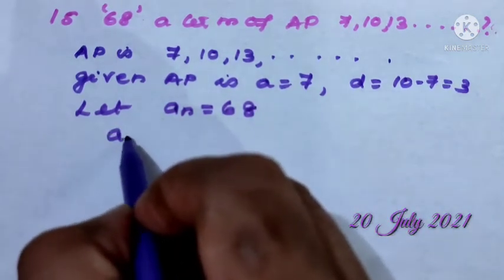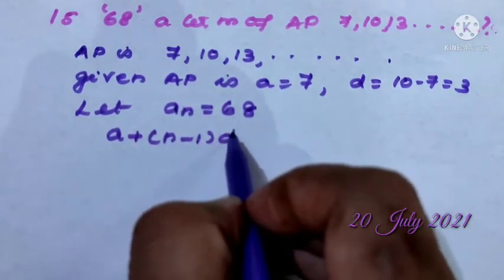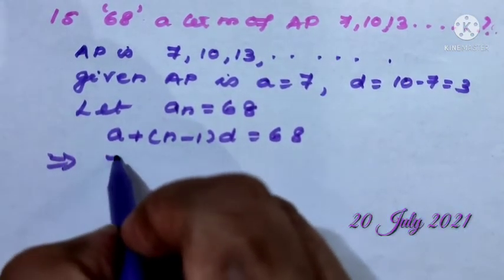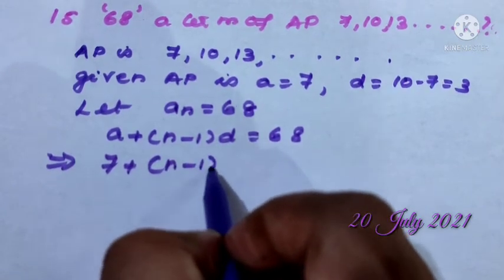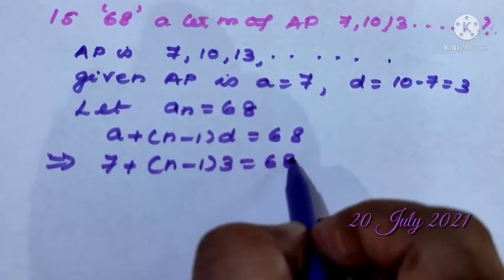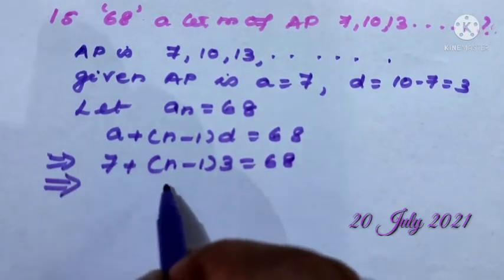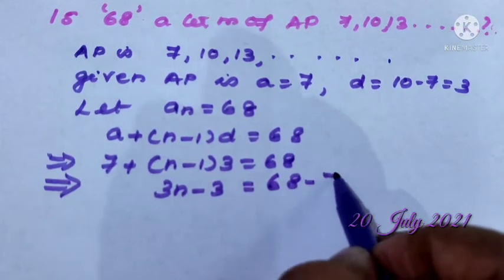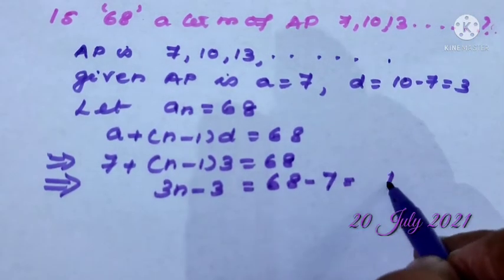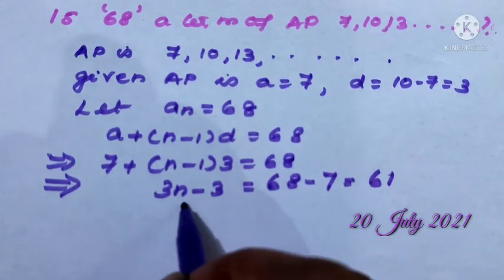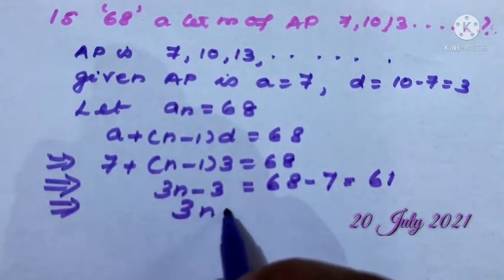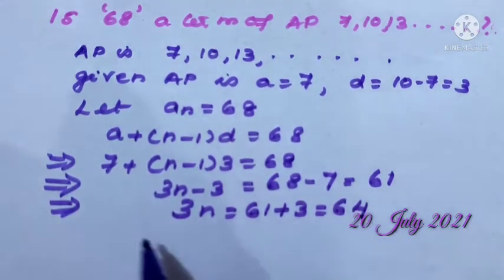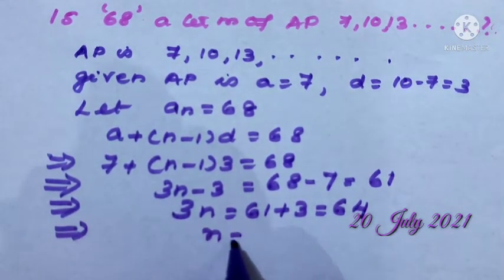What is the AN formula? A plus n minus 1 into D equal to 68, implies 7 plus n minus 1 into 3 equal to 68. 3n minus 3 equal to 68 minus 7, so 61. 3n equal to 61 plus 3 equal to 64. So n equal to 64 by 3.